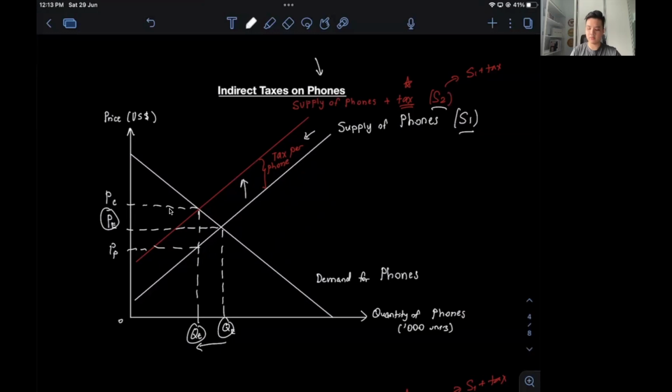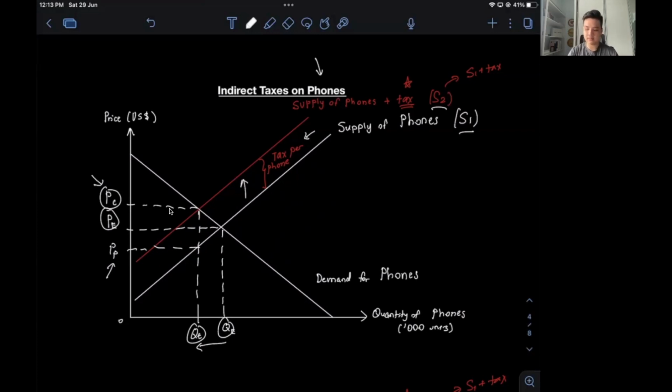That is in terms of the quantity. But let's look at the price axis. If you notice, there are two different price levels over here, PC and PP. What is the difference? Well, what happens when producers are taxed? They pass on a fraction of the tax to the consumer. So now the consumer needs to pay a slightly higher price for phones as compared to the equilibrium price.